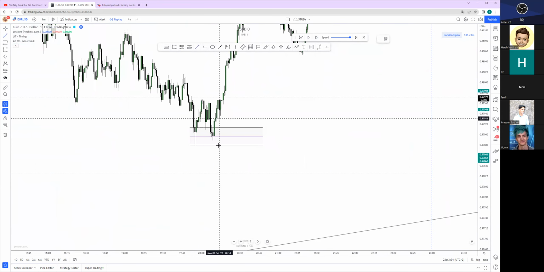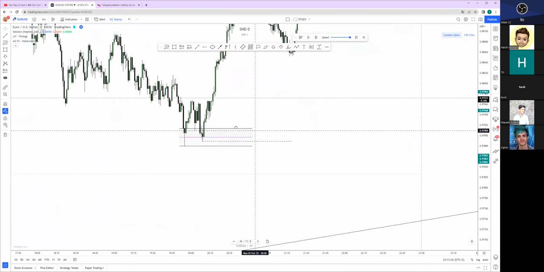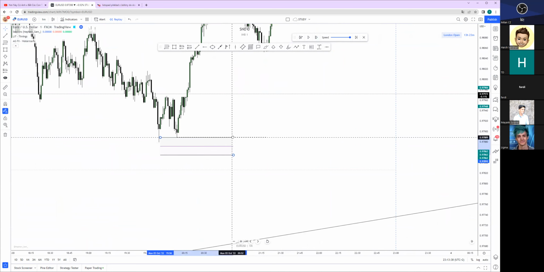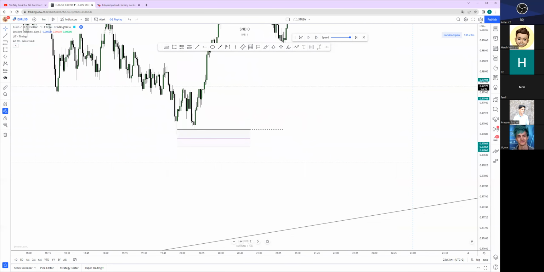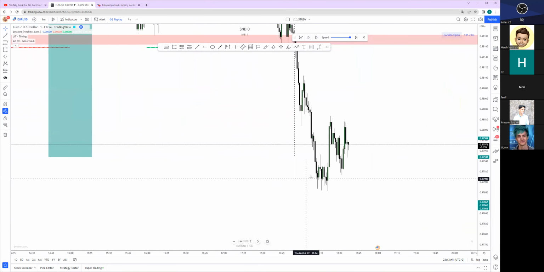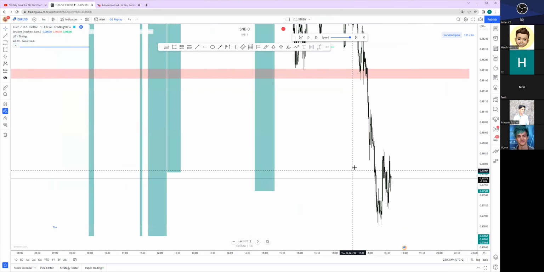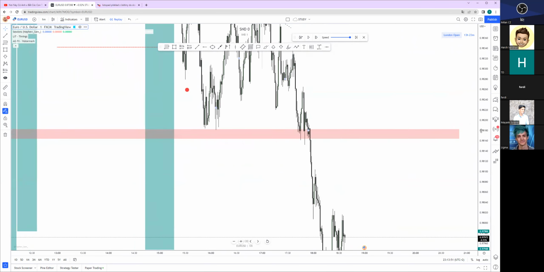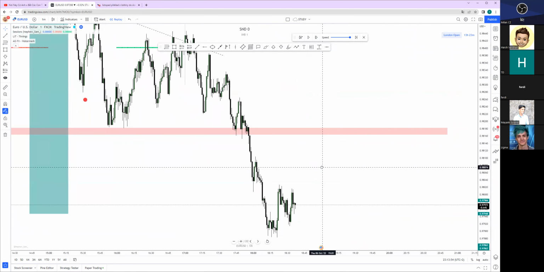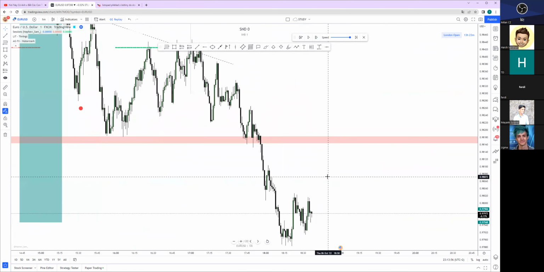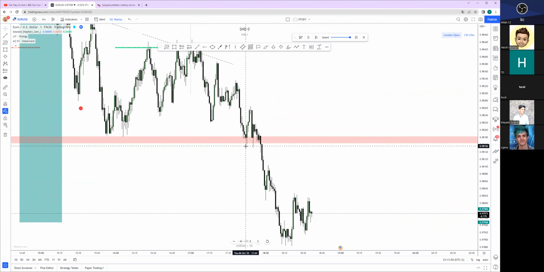Let's just clear this liquidity and mitigate the wick below here. But yeah, again, you want to see what broke the structure. You want to mark it out. So this broke the structure, broke again, and then shot down.